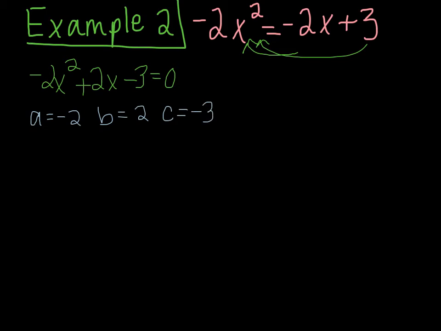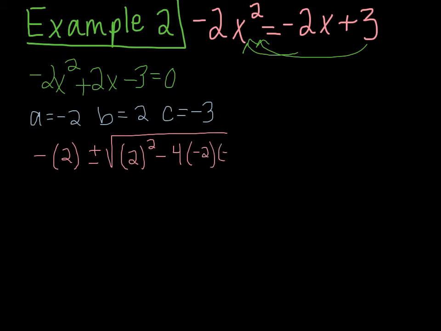So in our formula, it's going to say negative b, which was 2, plus or minus the square root of b squared, 2 squared, minus 4ac. All we're doing is substituting into the formula, making sure we're using parentheses, all over 2a.